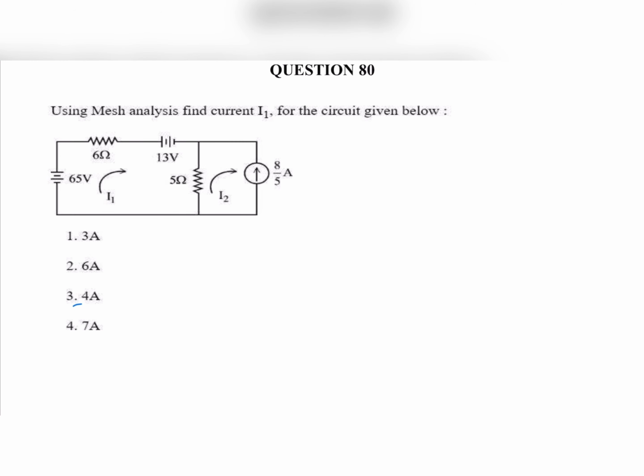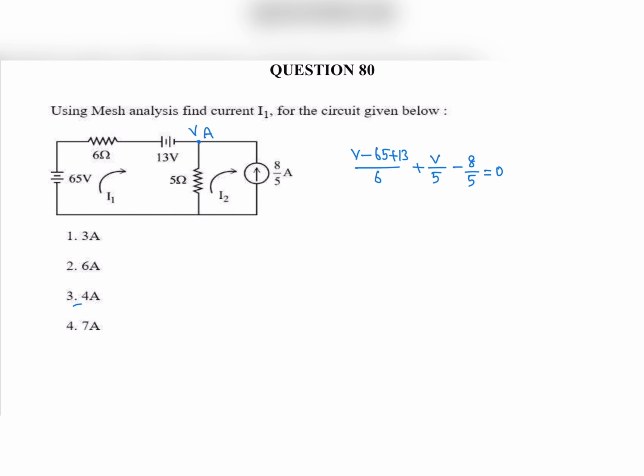Using mesh analysis, find the current I1 for the given circuit. For the given circuit, let A be the node and let V be the node voltage at node A. Apply KCL at node A: (V minus 65) plus 13 by 6 plus V by 5 minus 8 by 5 is 0.